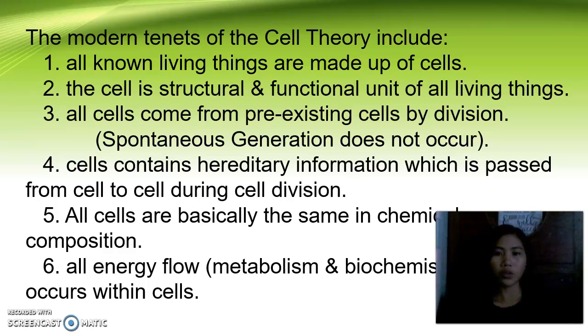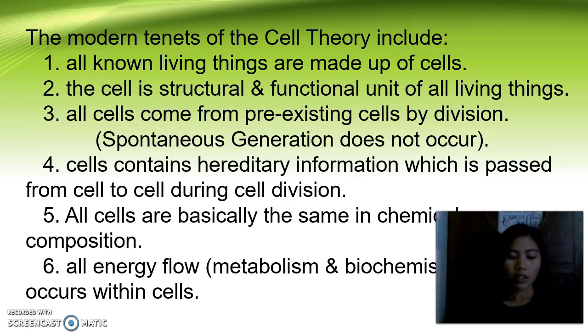is the structural and functional unit of all living things, because the cell is known as the structural and functional unit of life, because living organisms are made of cells and all the physiological, biochemical, genetic, and metabolic functions take place inside the cell.